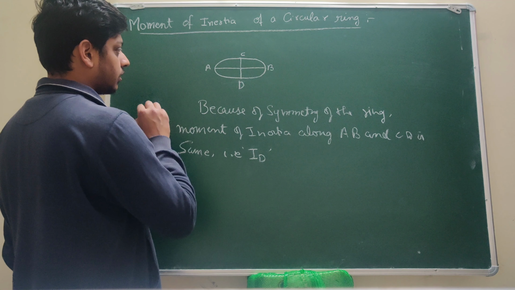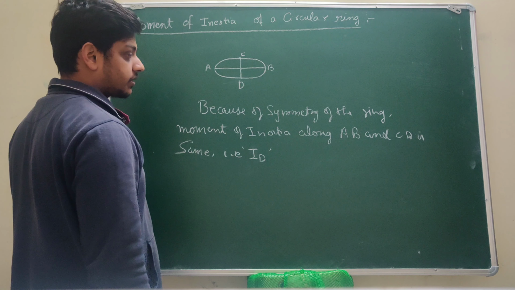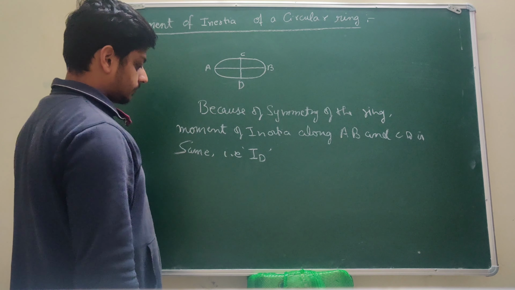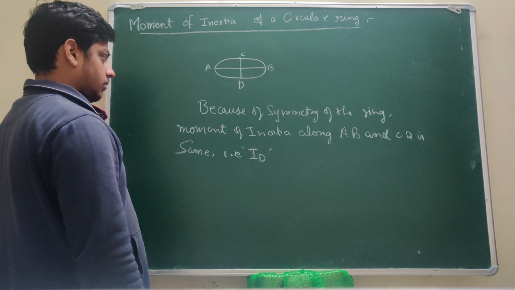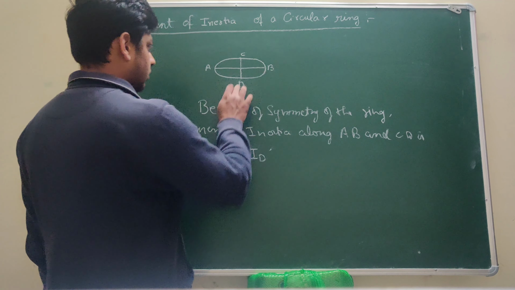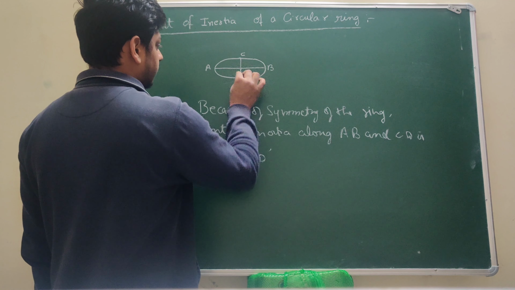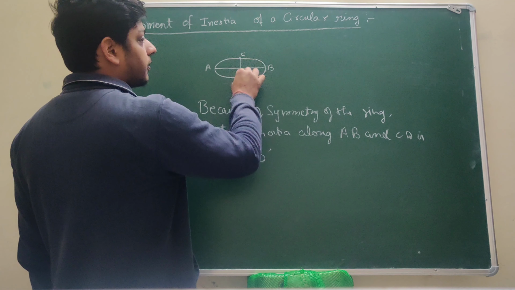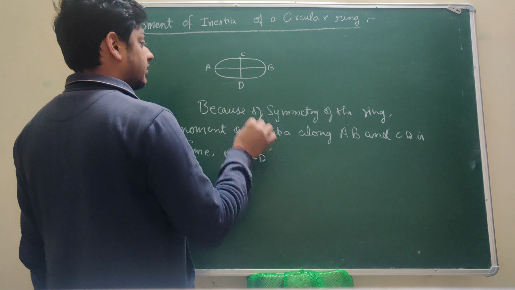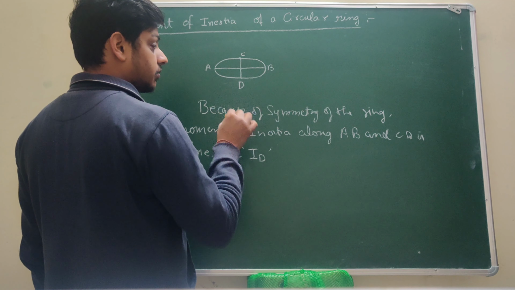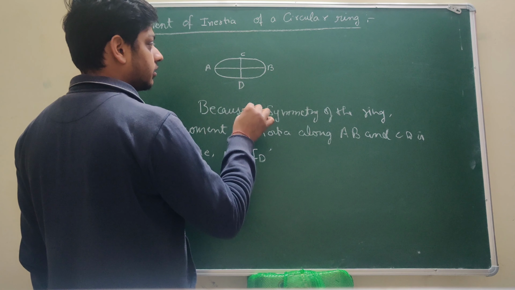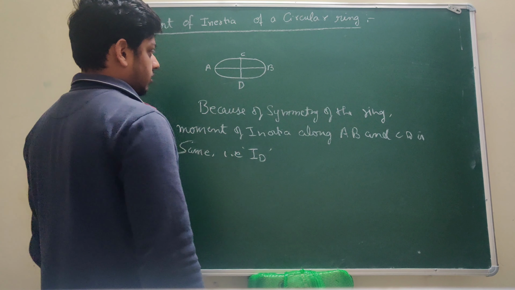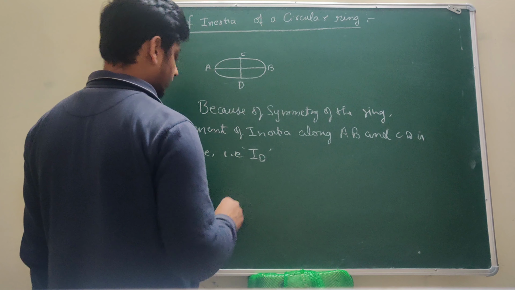So here we can use the theorem of perpendicular axis for finding out the moment of inertia along the diameter. From the theorem of perpendicular axis, the moment of inertia along the perpendicular axis is equal to the sum of the moments of inertia along two mutually perpendicular axes of the ring.